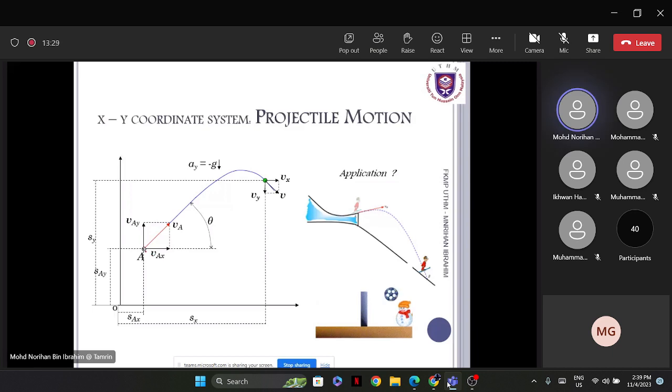So let's say we have a particle which travels from A to another point. A is the initial position, and this one is considered B, for example. B is the final position.